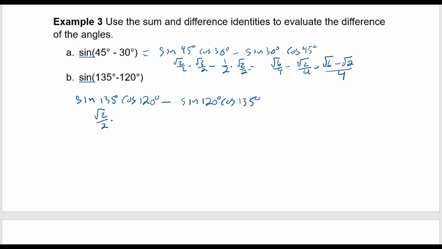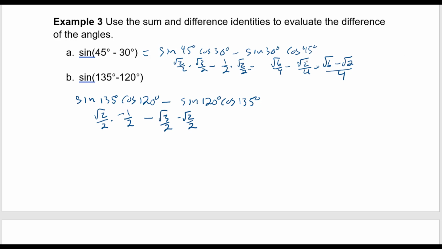Cosine of 120, that's second quadrant, so cosine's negative. So that's going to be negative 1/2. Then minus sine of 120, second quadrant, so sine's going to be positive there. That's square root of 3 over 2. Cosine 135 is second quadrant, so that's going to be negative square root of 2 over 2.